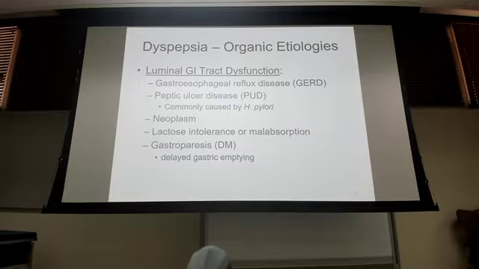But for now, just know that these are some of the organic etiologies of dyspepsia, because dyspepsia is not a disease, it's symptoms. Gastric cancer, gastroparesis, pancreatitis, biliary disease, MI. Yes, epigastric pain can be of cardiac origin. A lot of times on boards, you'll hear diabetic with epigastric pain, so you want to start looking at cardiac. So epigastric pain can include MI or other cardiac etiologies.